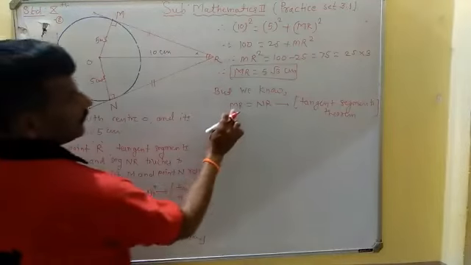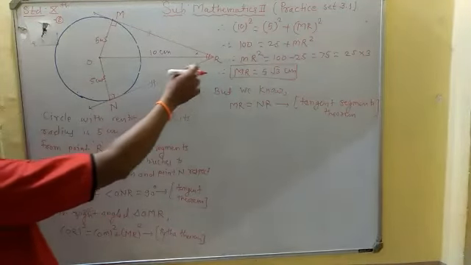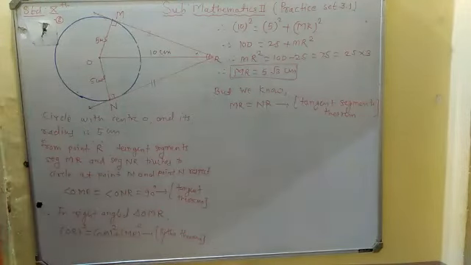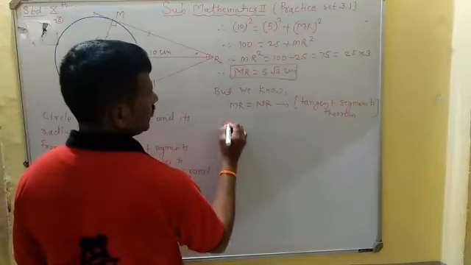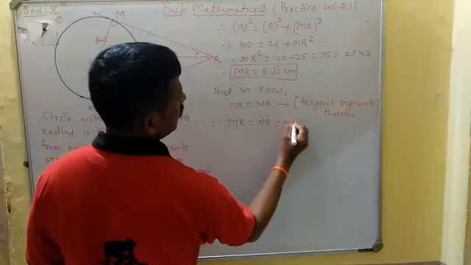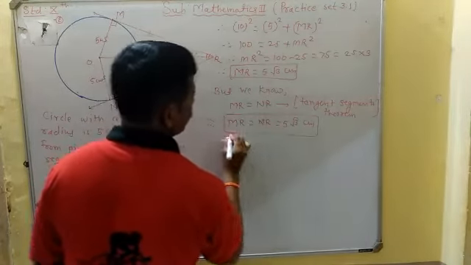Because MR and NR are the tangent segments drawn from an external point of the circle and which are congruent by the tangent segments theorem. Therefore, we write here MR is equal to NR is equal to 5 under root 3 centimeter. That is our first find.